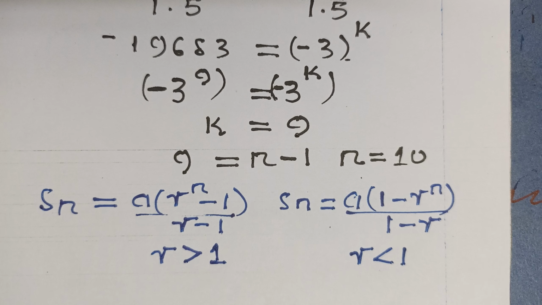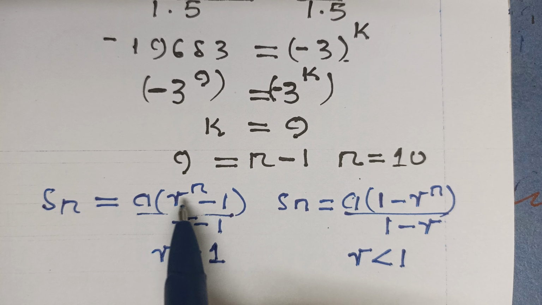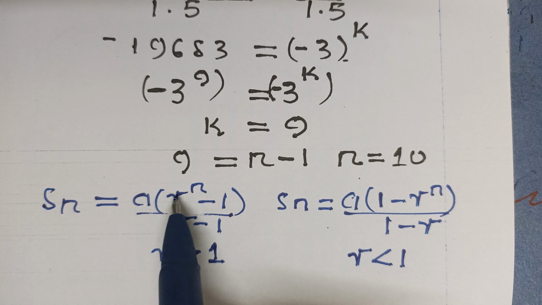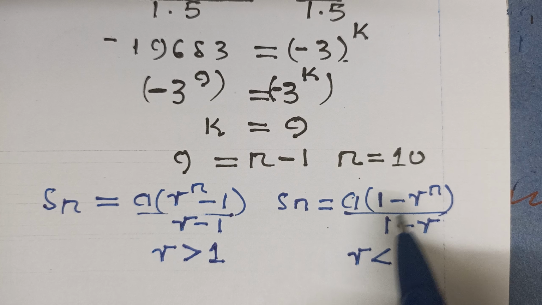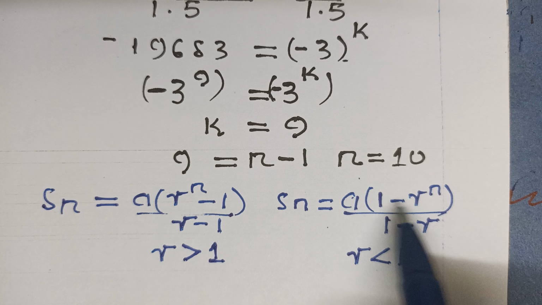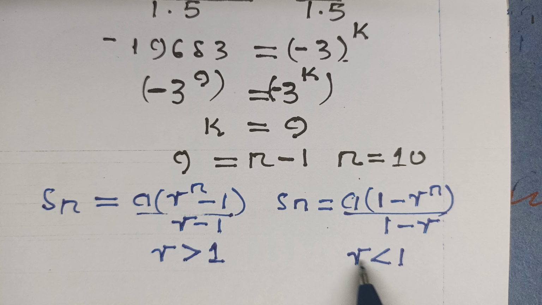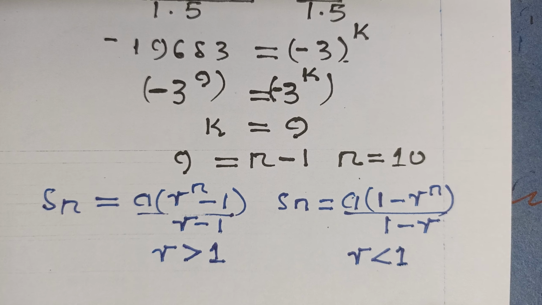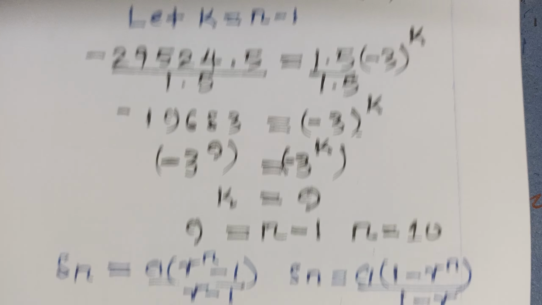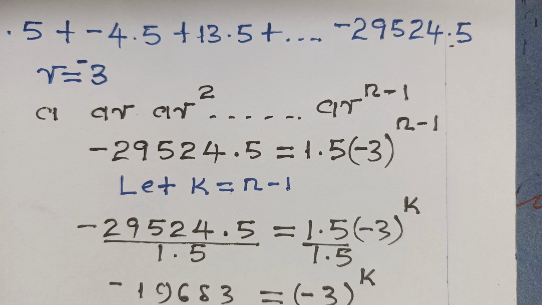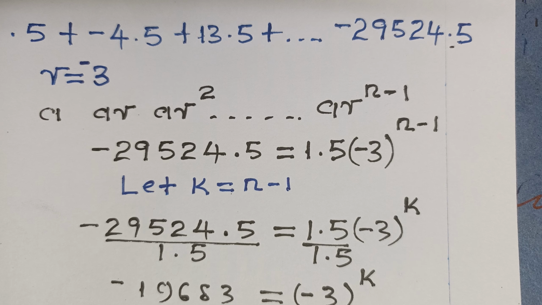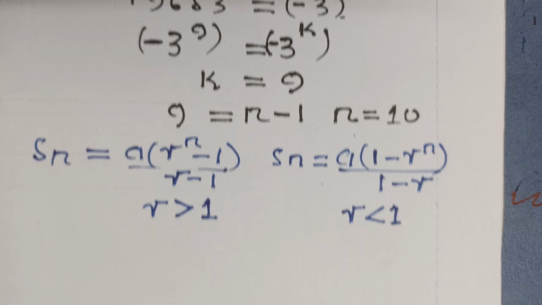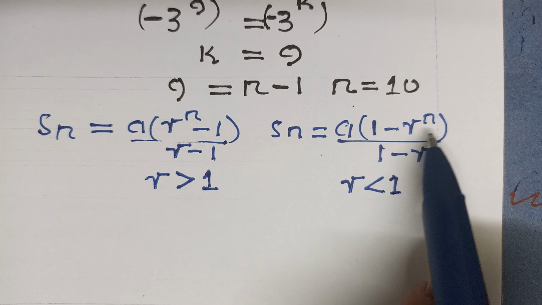You can know that when the R is the one that starts, it means R is greater than 1. When the R is the one that comes next after 1, it means R is less than 1. So for our case, we have negative 3, and you know negative 3 is less than 1. And so now we use this equation.